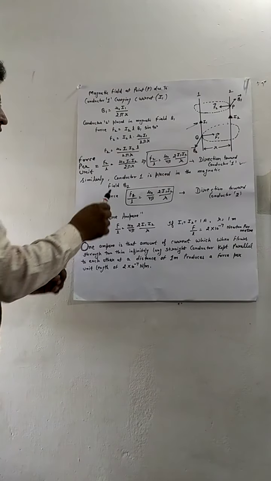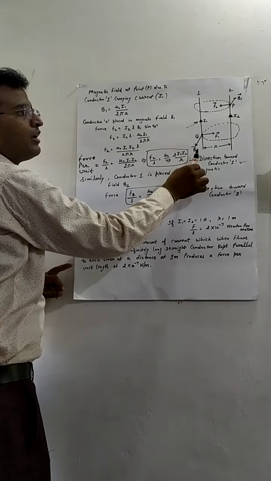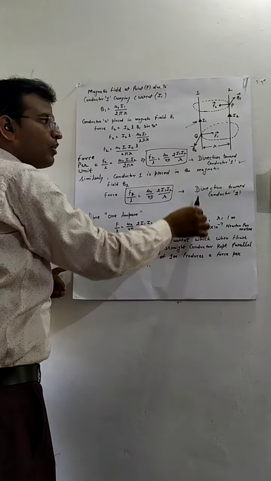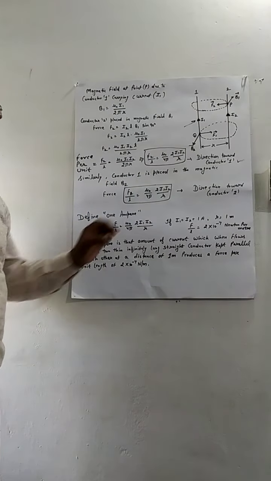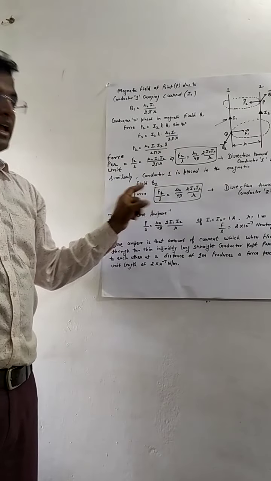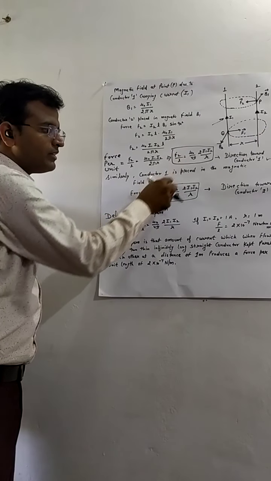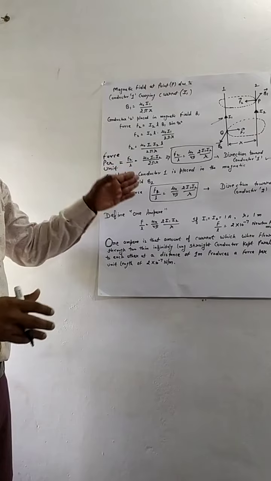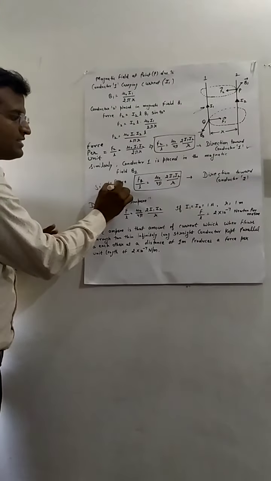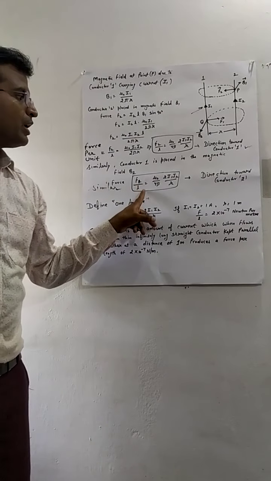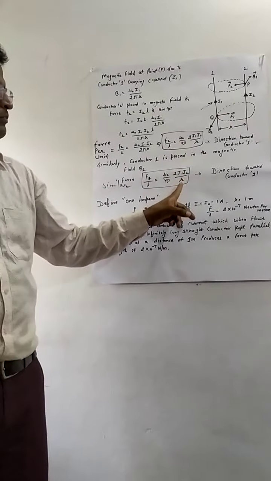Now, conductor 1 at point Q is placed in magnetic field B2. Again, a force acts on it, and we calculate the force similarly, and that force is F1 by L equal to mu naught by 4 pi 2 I1 I2 by r. Same to same.